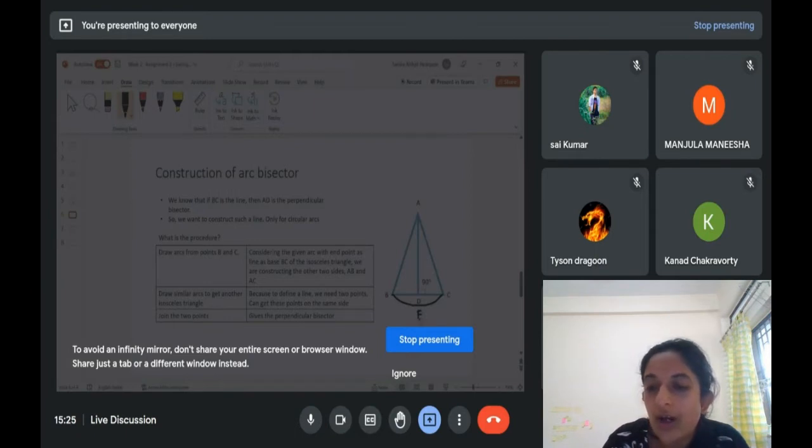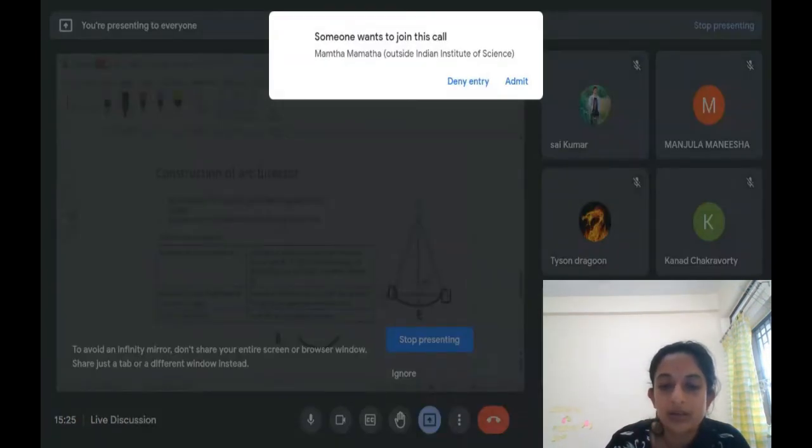Consider this is an arc BEC. Now again, the endpoints of this arc, B and C, can be considered as the endpoints of the base of the isosceles triangle BC. So when you have this arc BEC, you can say that this point B and this point C are similar to the base of the isosceles triangle, and then again you try to construct the isosceles triangle by doing the similar construction.